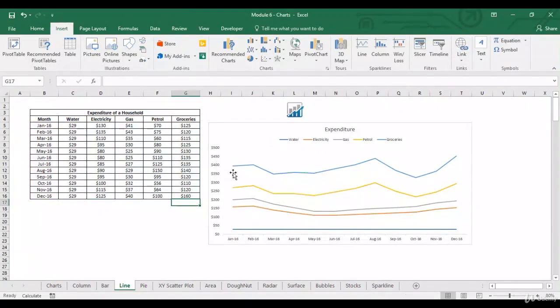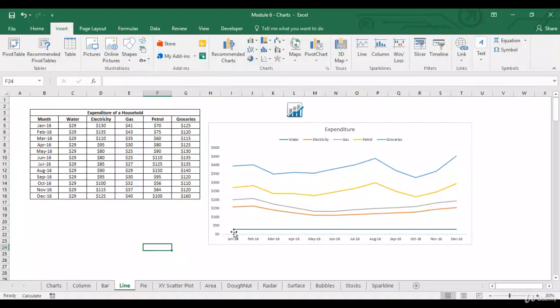If I just look at January 16, this line is around $400. If I sum the January 16 bill, it comes to around $395. So what this chart does is it keeps on adding values for each of these categories, and the sum comes at the top.